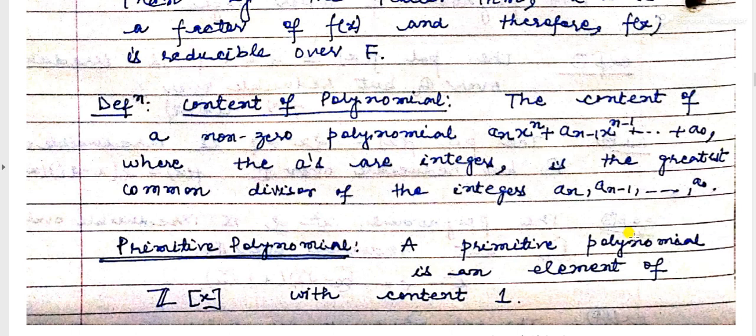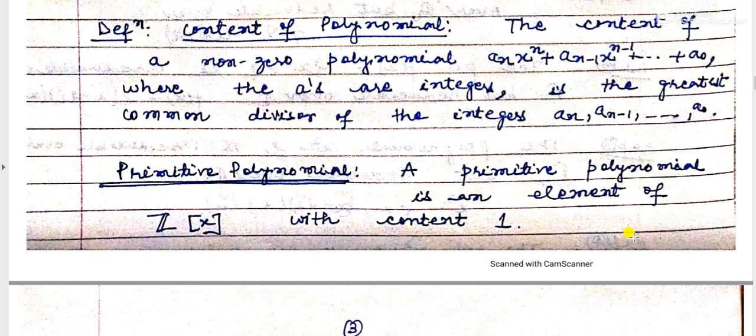So if we take the GCD of these integers, that GCD is called the content of the polynomial. Greatest common divisor of the coefficients of the polynomial, where the coefficients are integers, is called the content of polynomial. And if that content is 1, then the polynomial is called primitive. This is the next definition. A primitive polynomial is an element of Z[x] with content 1.